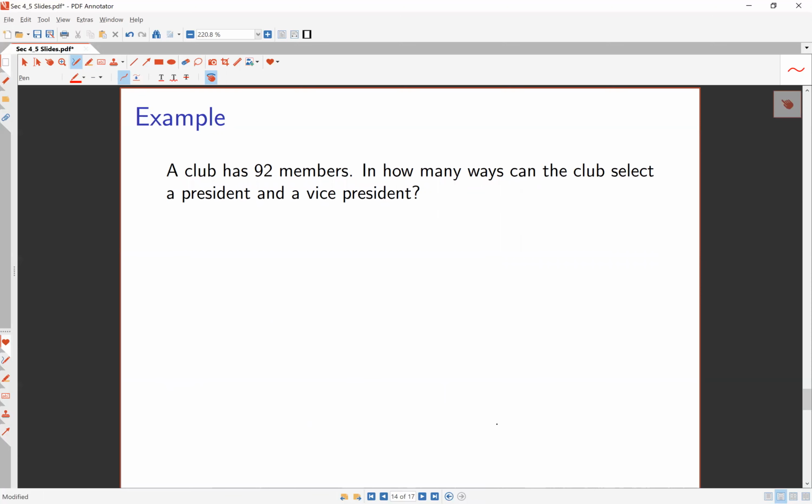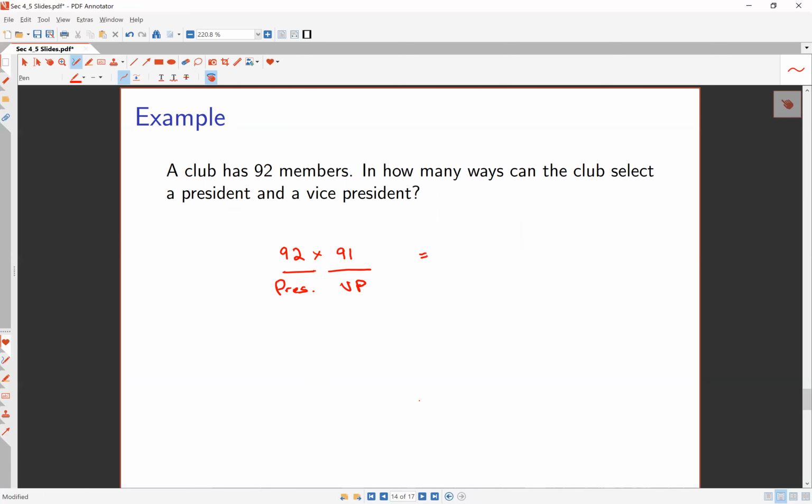A club has 92 members. The club has to select a president and a vice president. In how many ways can they do that? Well, how many choices are there for president? 92 possible choices. Since the same person cannot be president and vice president, after selecting the president, there are 91 choices left for vice president.